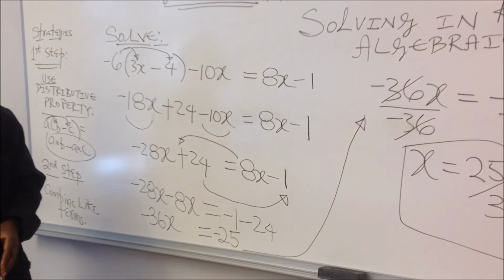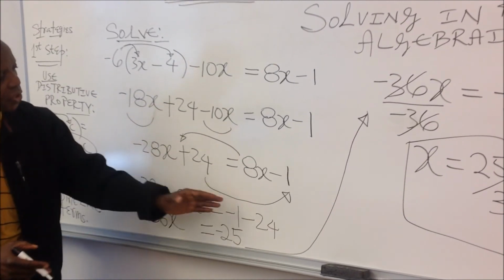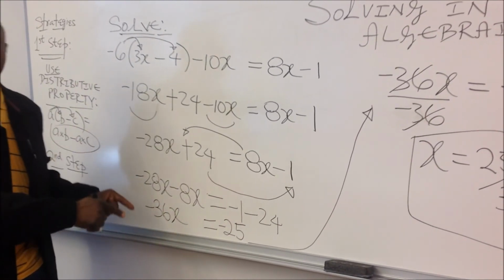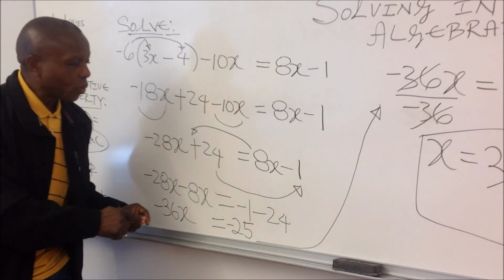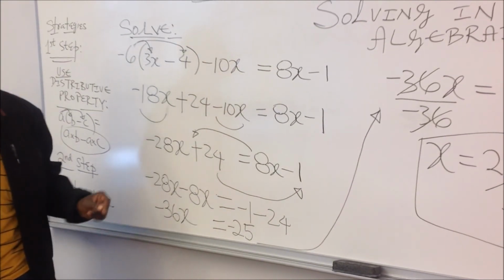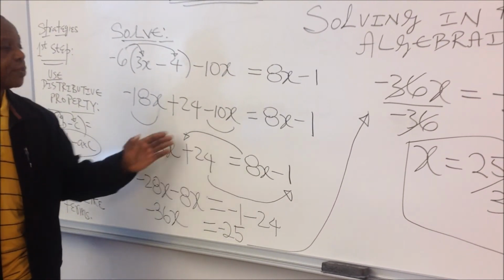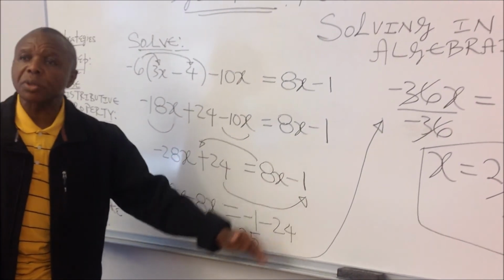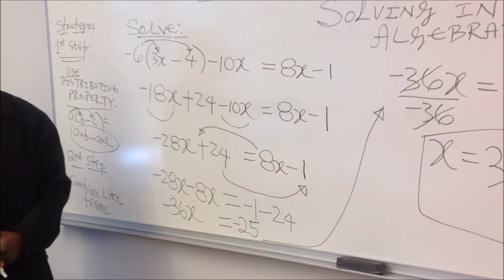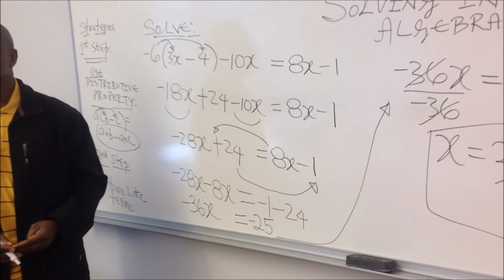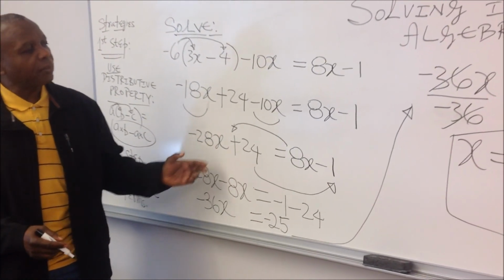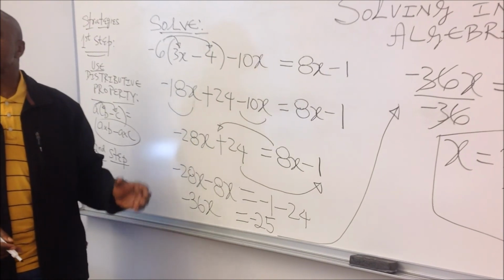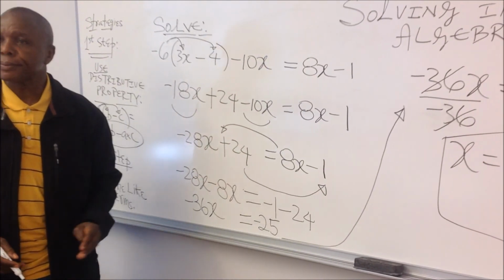And while doing that, we know that as we move things across the equal sign, the sign of that quantity must change. If it's negative, it becomes positive. If it's positive, it becomes negative. The moment you move something across the equal sign. So think of the equal sign as a bridge. As a bridge. And when that bridge is crossed, the sign of that entity must change.